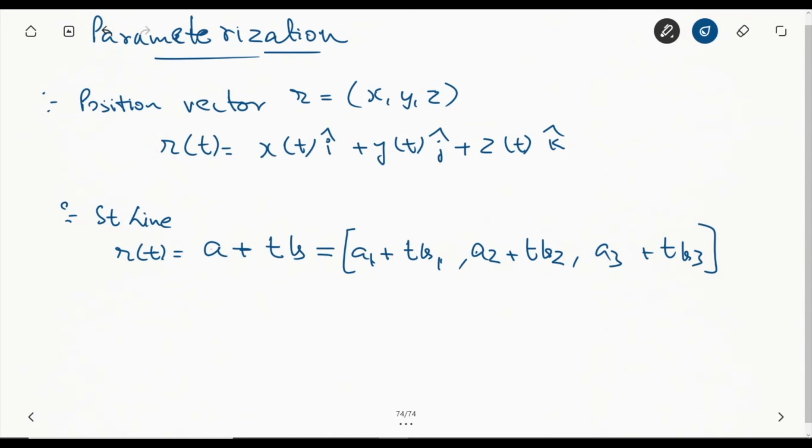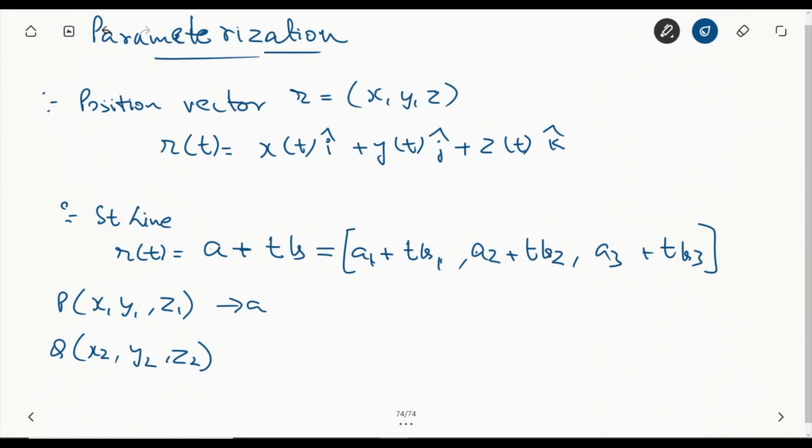For more explanation, let's say we have a point P with the coordinates x1, y1 and z1, whereas the other coordinates are for point Q as x2, y2 and z2. Then a line from Q to P. From here we can say that these are the components of A, nothing else.